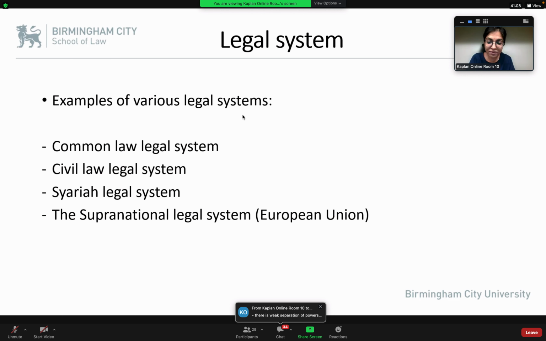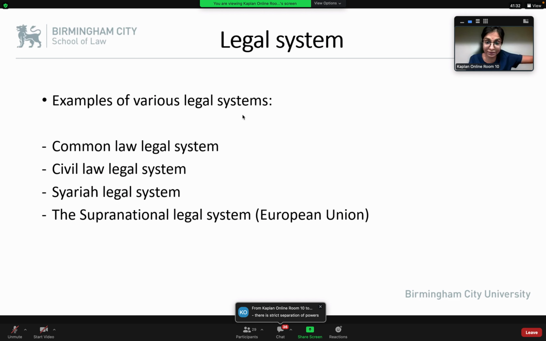Then if you look at the civil law system, to give you an idea, the civil law system is a system where there is strict separation of powers. And why do I say there is strict separation of powers?